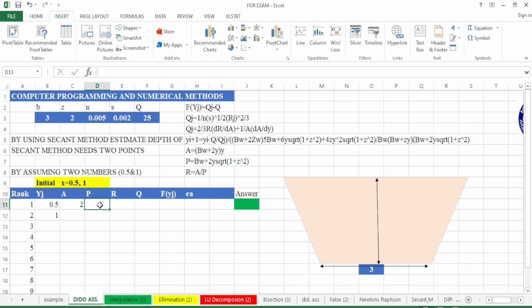next, we have to estimate the perimeter of this trapezoidal channel. This is 7.4. From here, we have to estimate the hydraulic radius, area divided by perimeter. Then we have to estimate f of yj by using the secant formula.